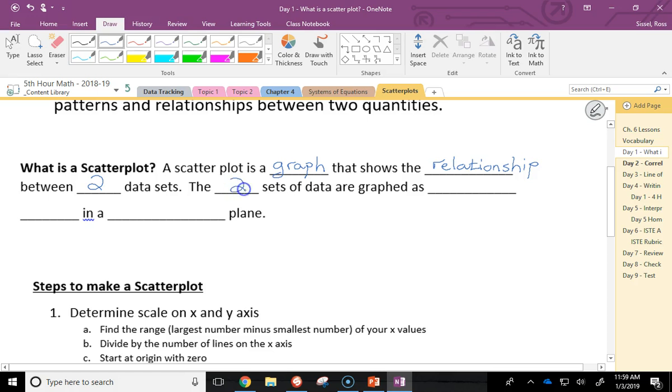The two sets of data are graphed as ordered pairs in a coordinate plane.